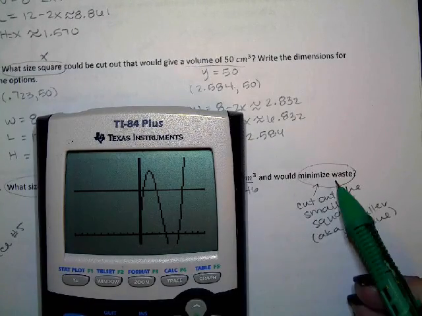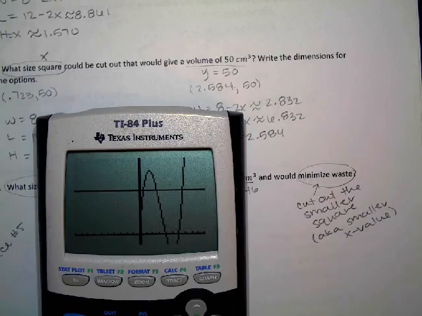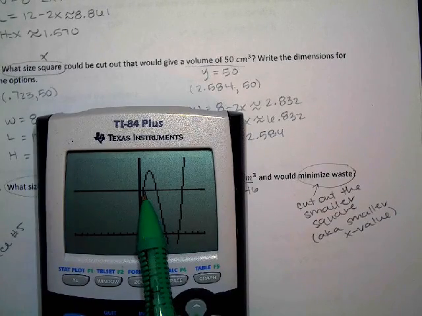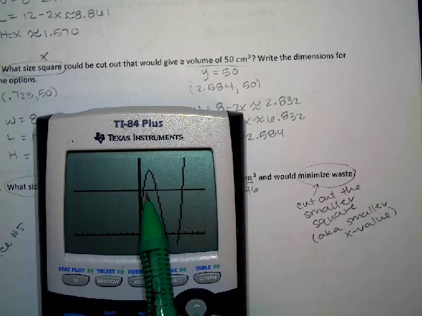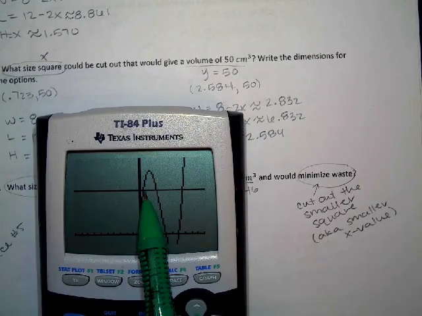No, they pretty much always phrase it that same way. Yeah. All right, so here we go. We've got 0.638, comma 46.